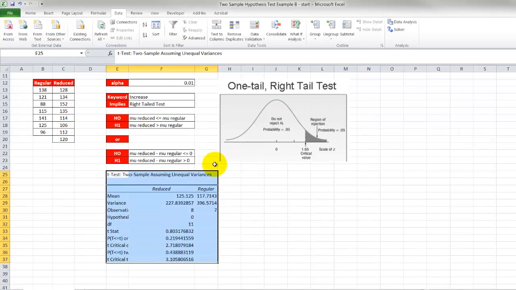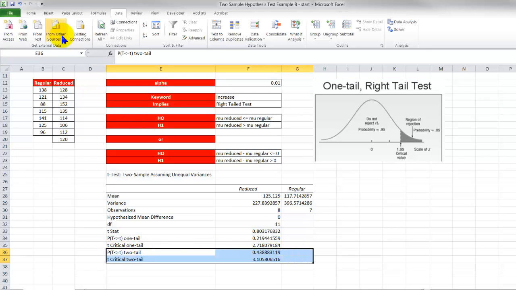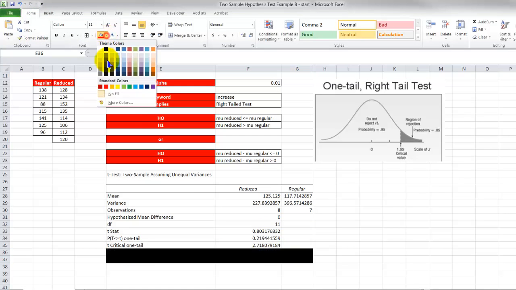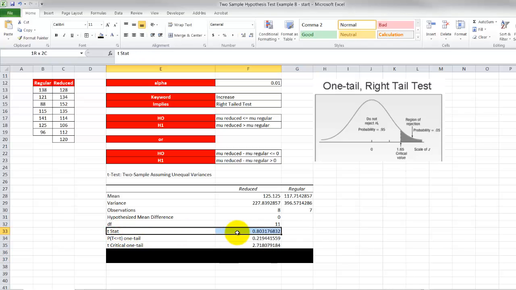We are in fact talking about a one-tailed test, so let's auto size the column so we see everything clearly. We can automatically rule out this portion of the table. We don't need that information. It's related to a two-tailed case. The information we do need is the test statistic and the test critical.